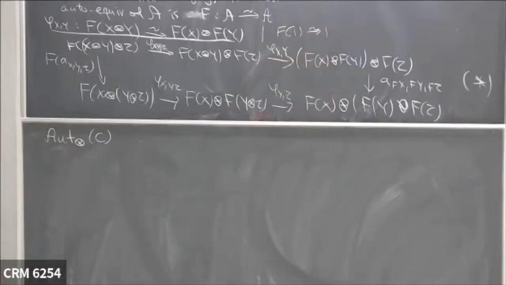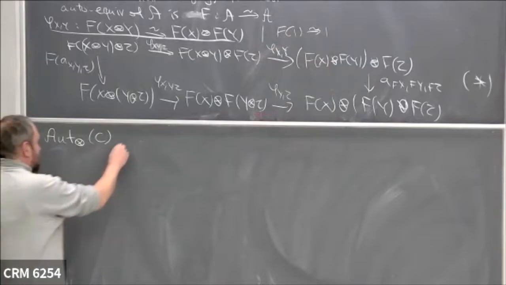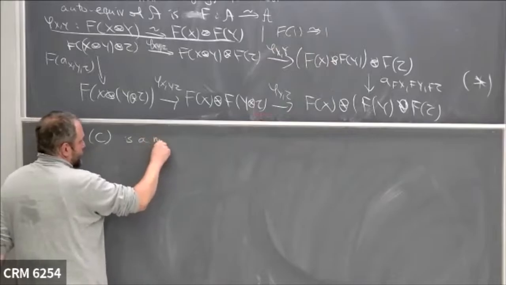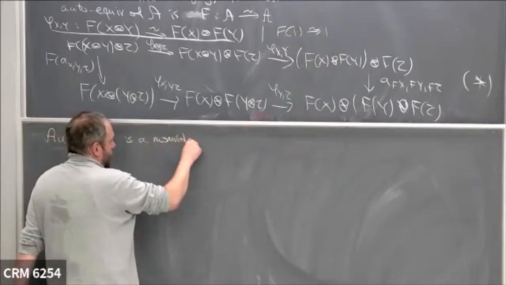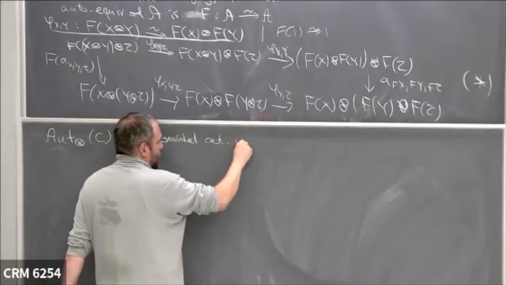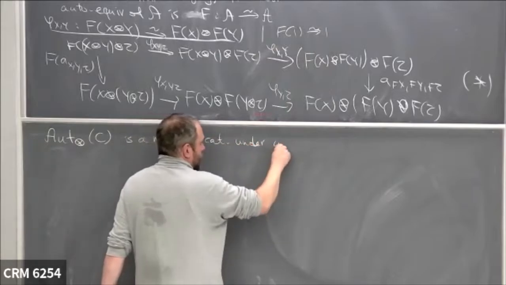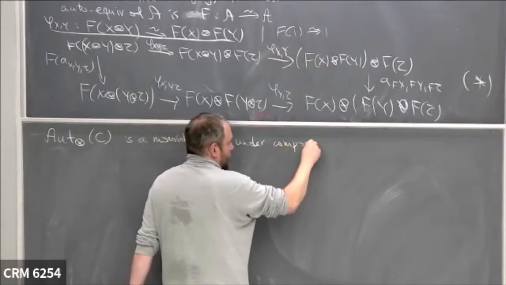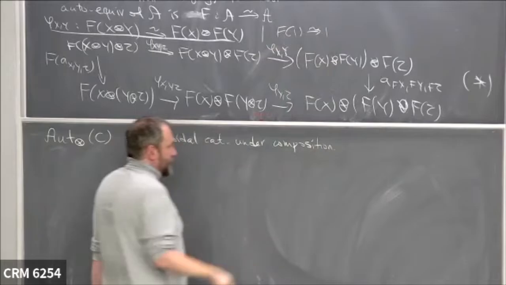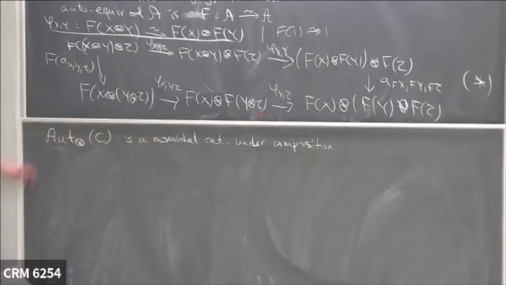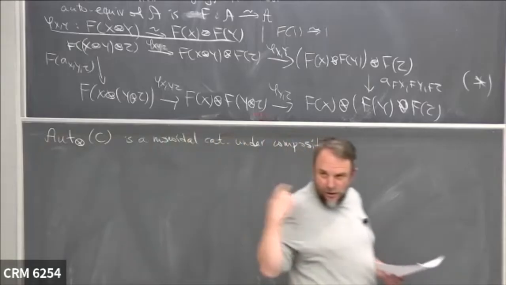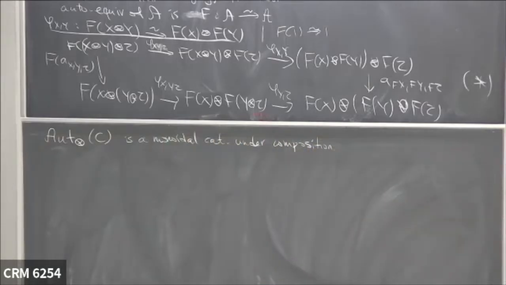So this is a monoidal category under the composition. It's clear that the composition of autoequivalences is an autoequivalence. One can define the tensor structure on the composition that would satisfy this diagram.